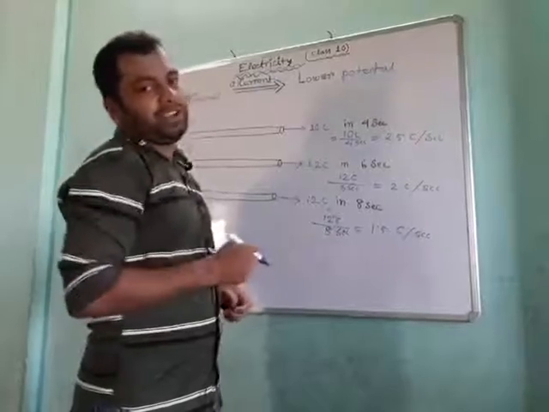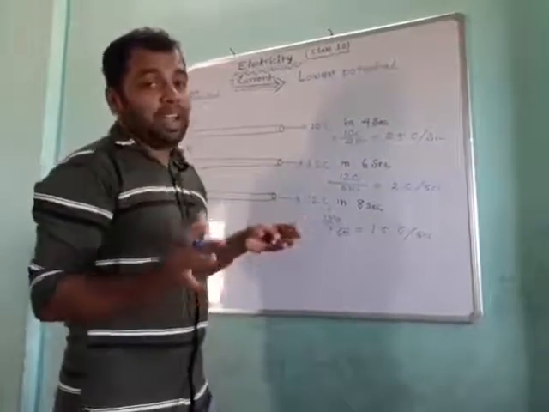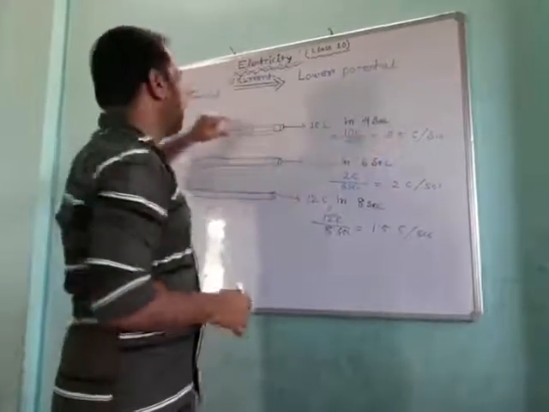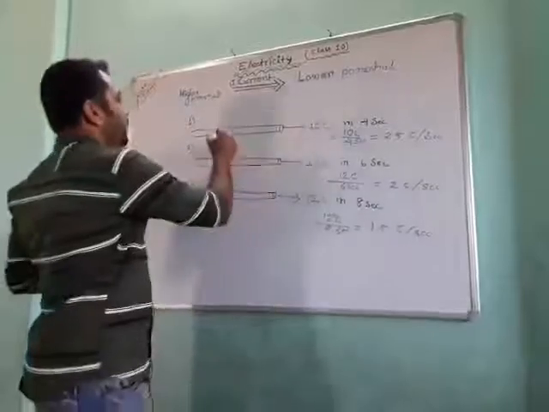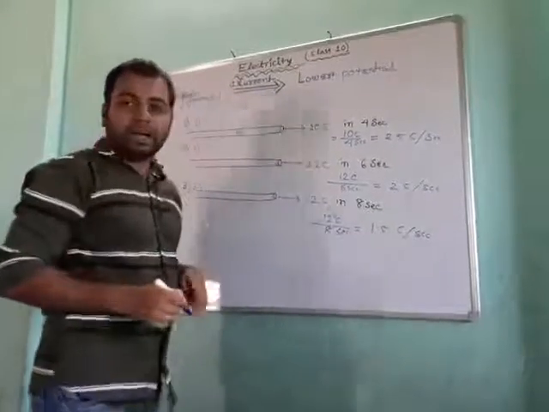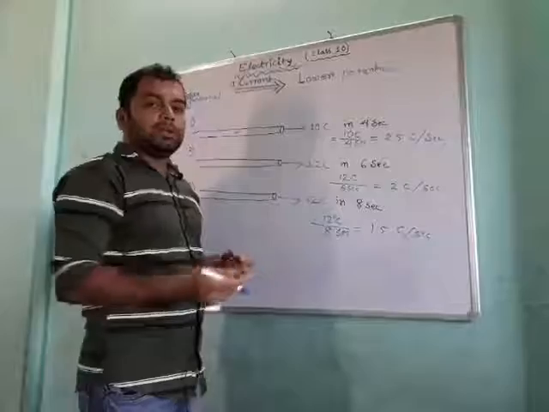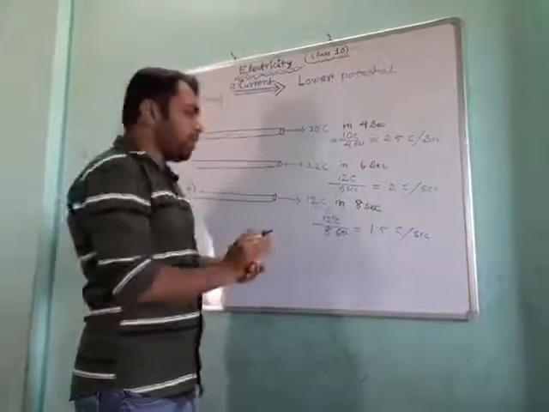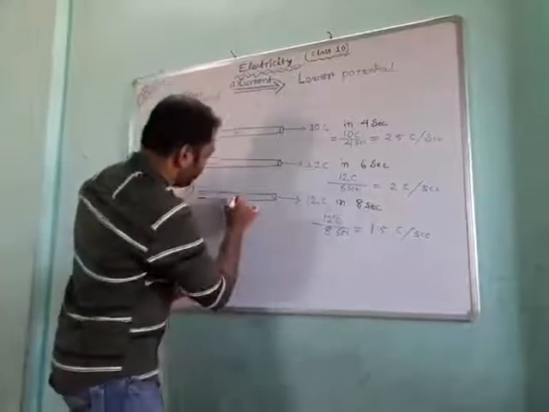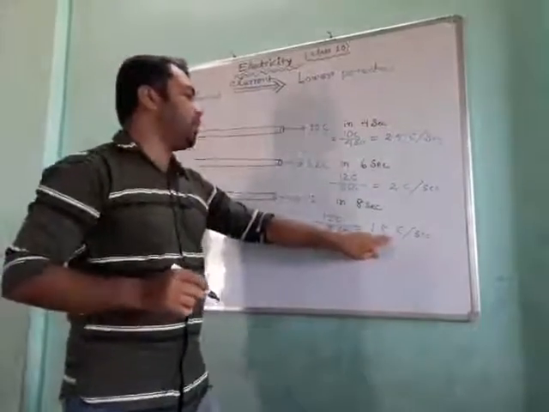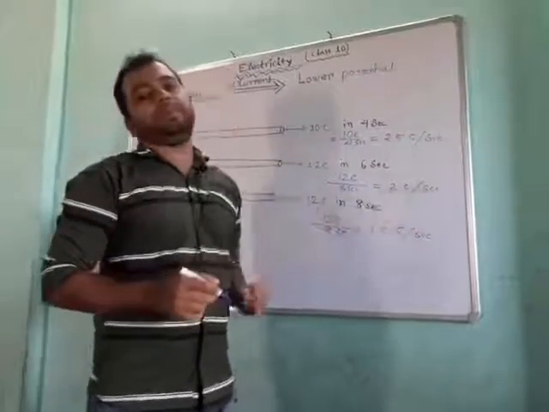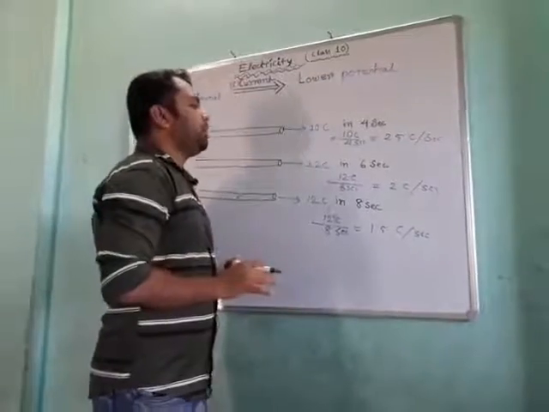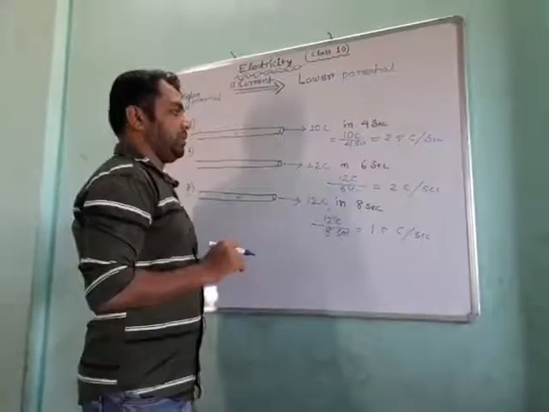Through which wire is the amount of current highest? 2.5 is highest, so through the first wire the current is highest. The minimum amount of current is flowing through the third wire, that is 1.5 coulomb per second. That's how we calculate the magnitude of current.